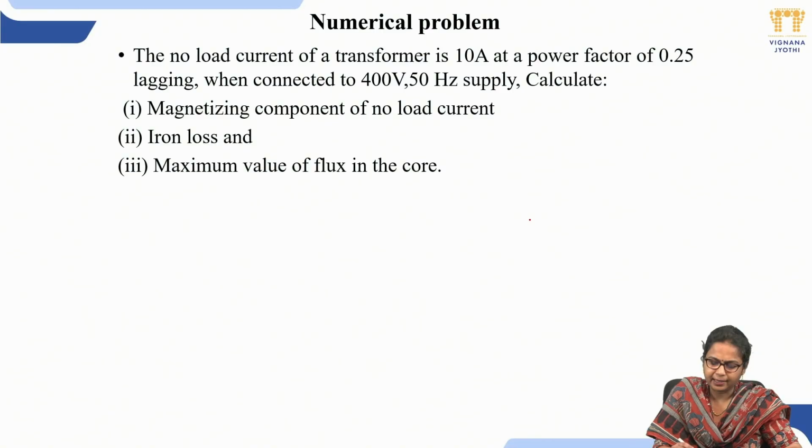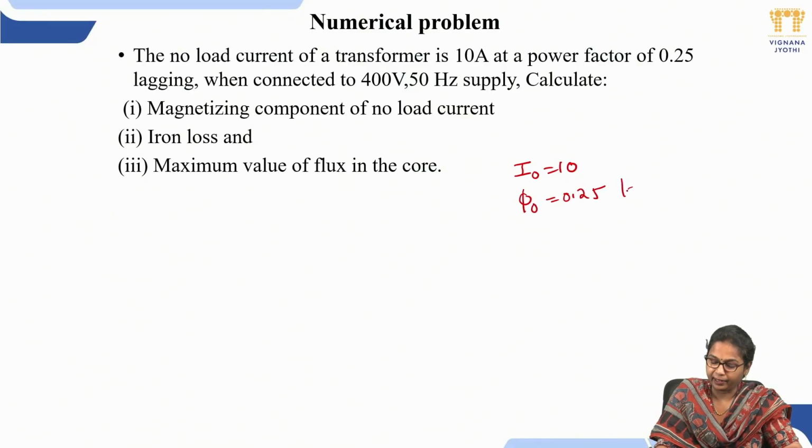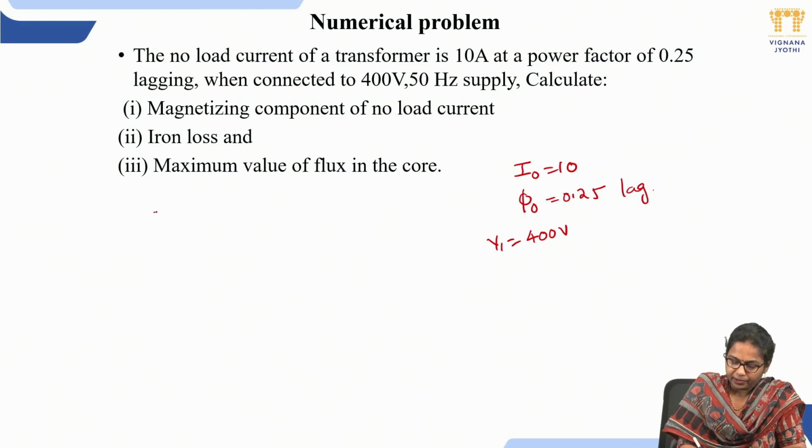Here, the no load current of a transformer I naught is given as 10 amps, the no load power factor is 0.25 lagging, and it is connected to a 400 volts 50 hertz supply. Calculate the magnetizing component of no load current, which is your Im.